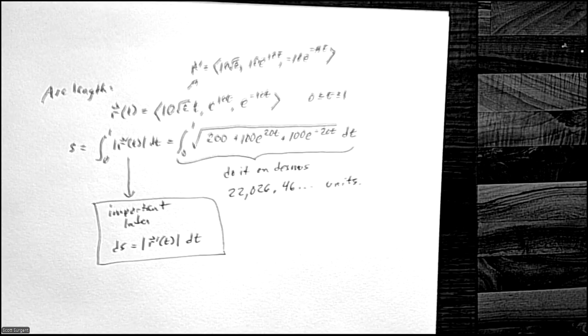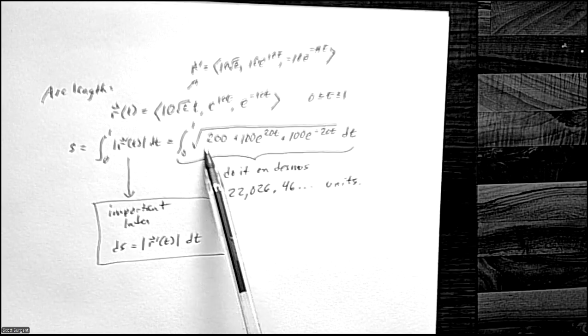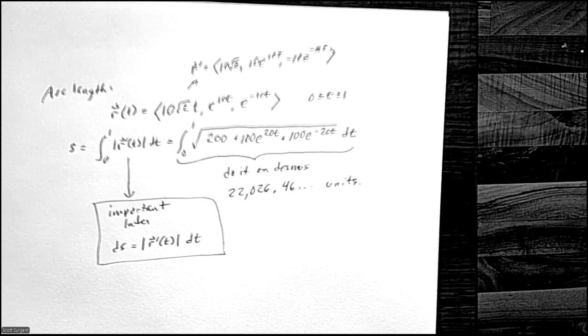I don't really care how long the curve is, but I do care that you're able to set this up correctly. So if we do work out the integral and we get e to the 10 minus e to the negative 10, that's still an acceptable answer. Well, you're going to be typing in a numerical value. It's not asking for the antiderivative.